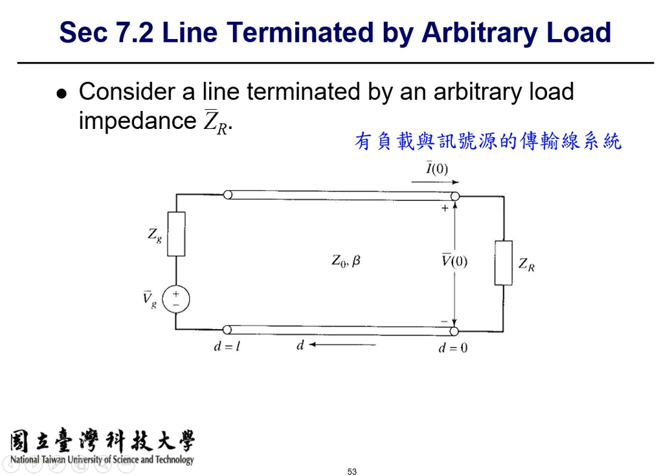And any value suggests that it can be a resistive load or a reactive load or a load with both resistive and reactive parts. Okay? So we just label it as Z_R, the termination of the transmission line.